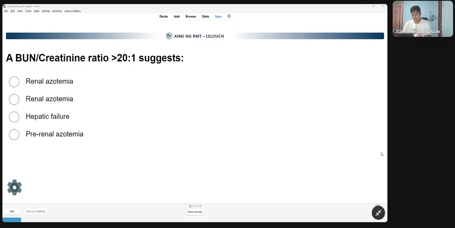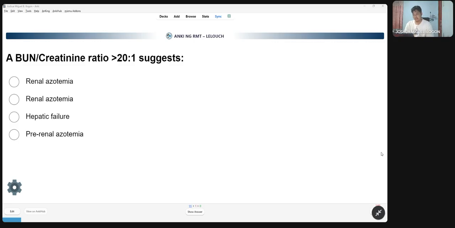If it is high, greater than 20, and BUN is increased with normal creatinine, so only BUN will be increased, that's your pre-renal, like dehydration and shock.